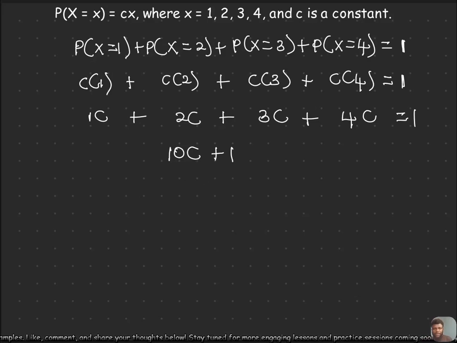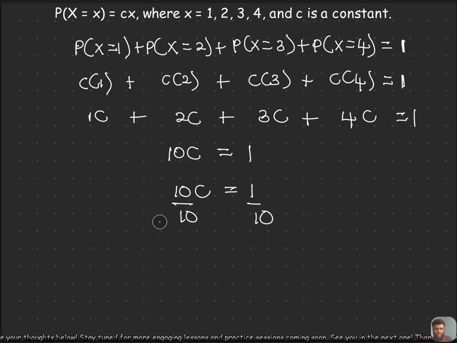Making c the subject, what do we do? We divide both sides by 10, and upon division we will just be left with c. So c is equal to 1 over 10.